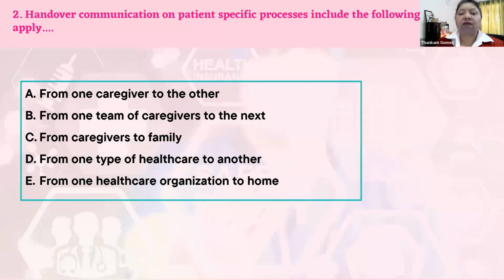So anytime when there is a changeover of people or setup, you have to ensure that the correct process, correct communication is followed. Inside the hospital, transfers are very common, from OT to pre-op, OT to post-op, to the ward, to ICU, to OT. There are so many transition points, so everywhere the communication is very important.